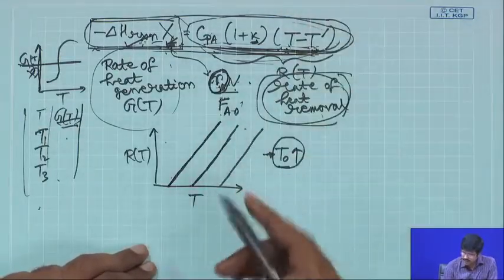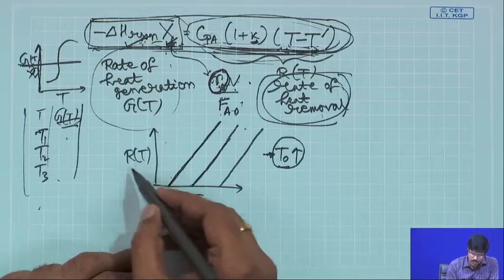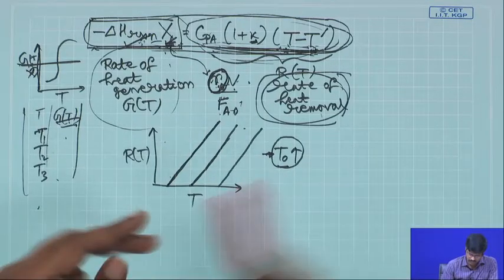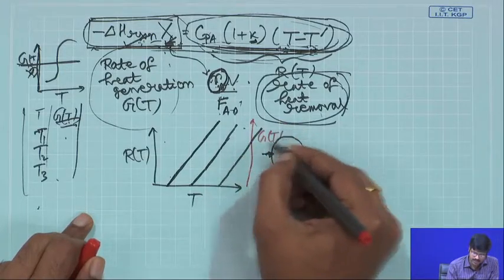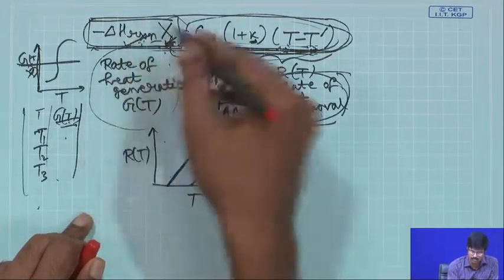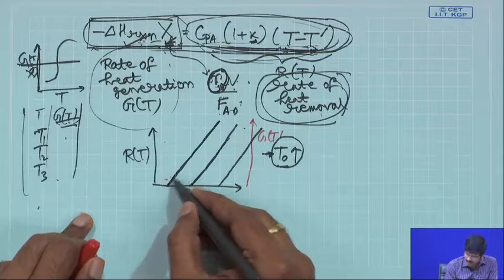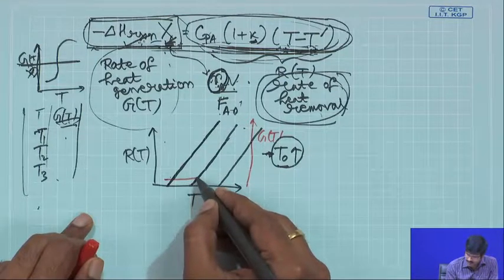And correspondingly, if you are also plotting in the same graph, let us plot also the GT, which is this side. Let us say it is something like this, it could be something like this.